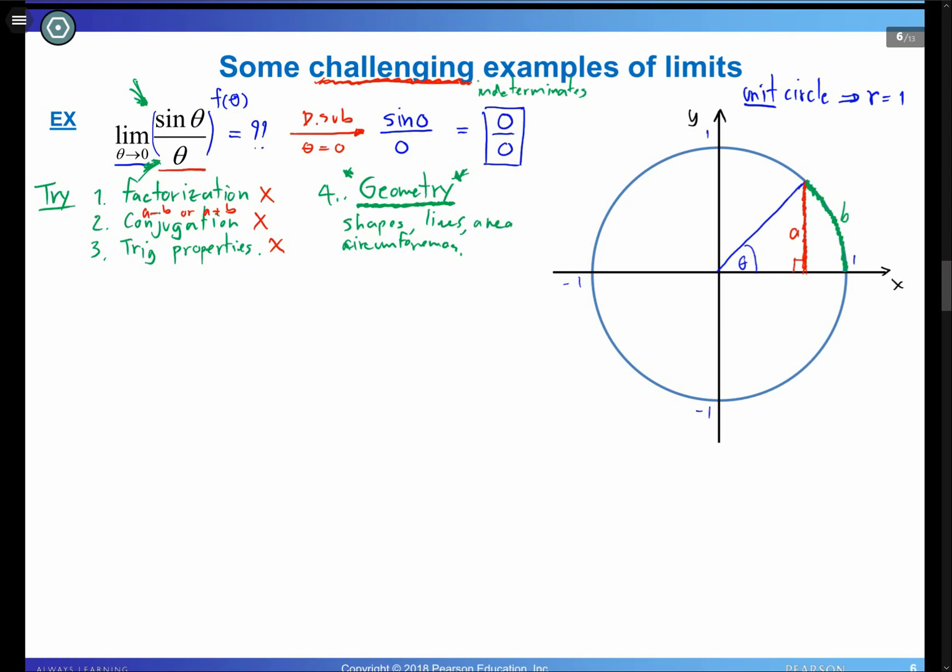As you can see from the shape of this, b is on the edge and a is inside. Of course, b has to be longer than a. So we have established this relation between them. B is outside, so b has to be longer than a. So I'm going to put this right here. Small b is going to be longer than a, but just in case, I'm going to put an equal sign right here.